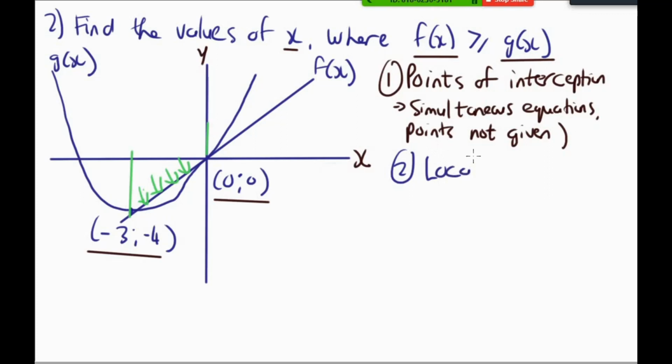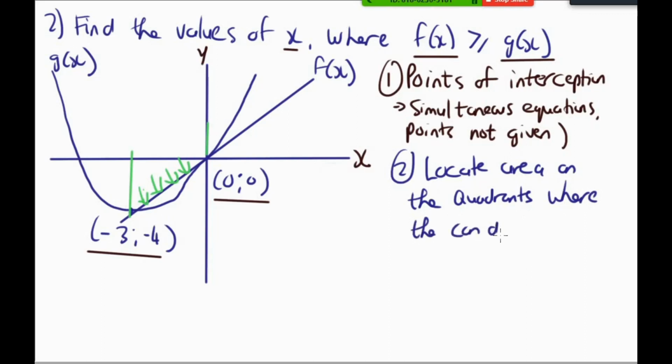So you're going to locate the area on the quadrants, or on your graph, where the condition is met. So the condition that we're talking about here is where f(x) is greater than or equal to g(x).